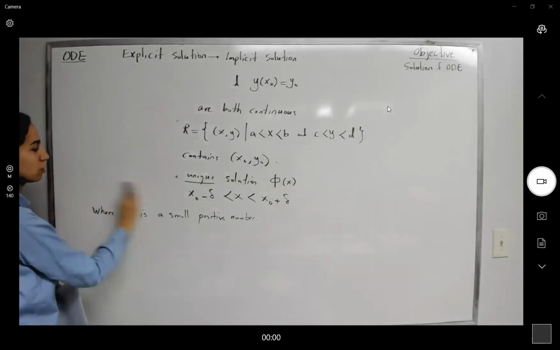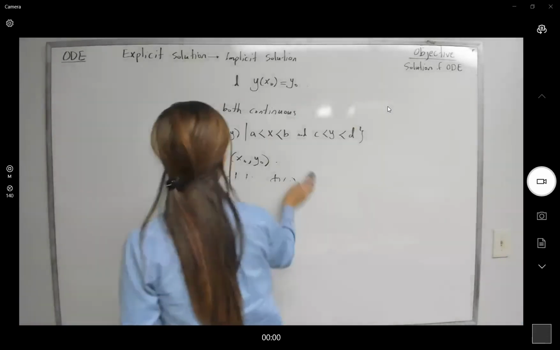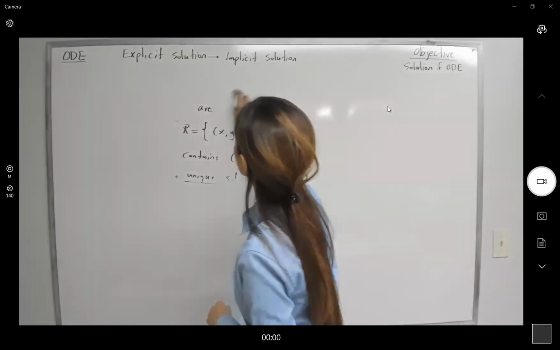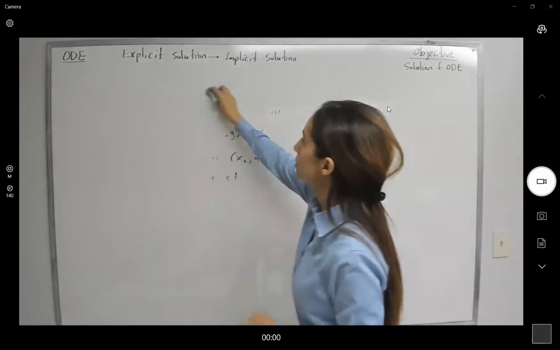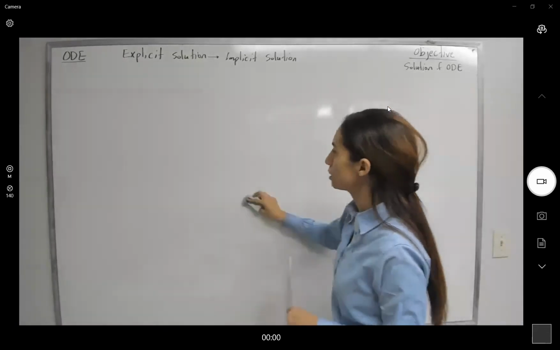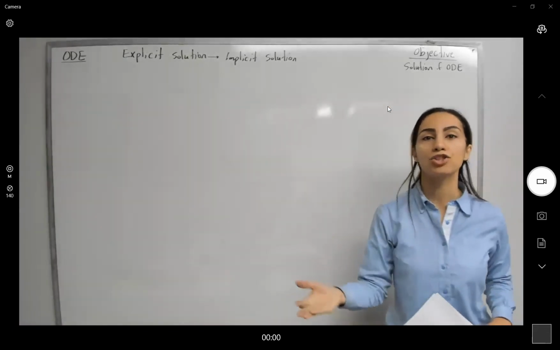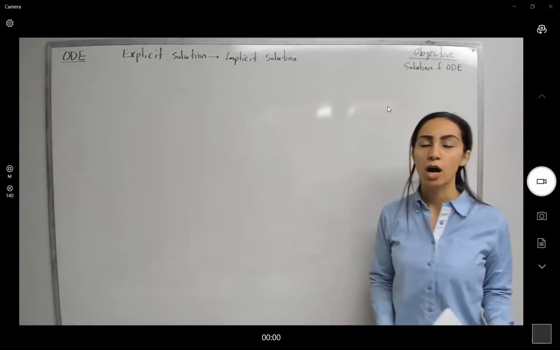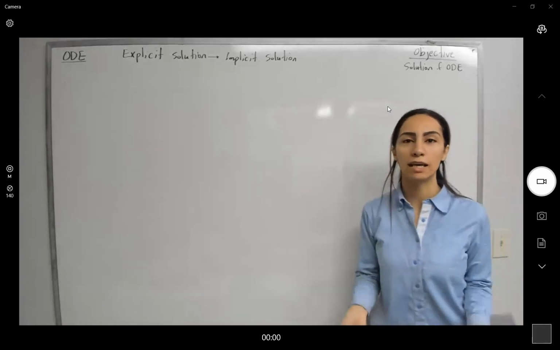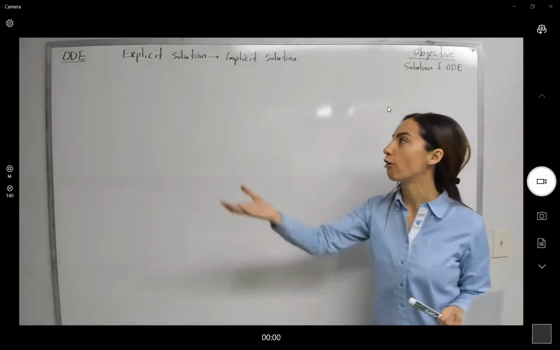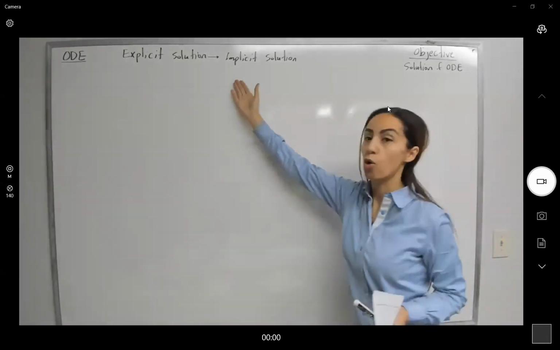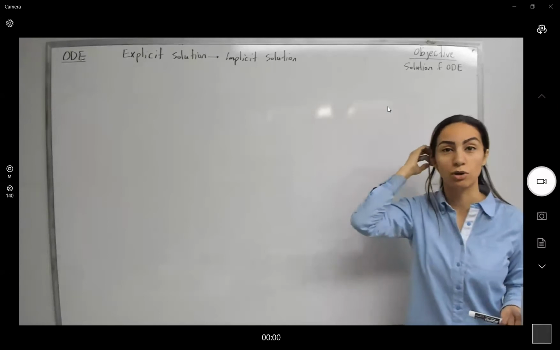Now I expect you to ask, let's go back to the solution of an ODE. We talked about explicit solution, implicit solution. Now I expect you to ask, what if I want to analyze the nature of the solution? Or what if we encounter the case that we cannot find an explicit solution or implicit solution for a differential equation?